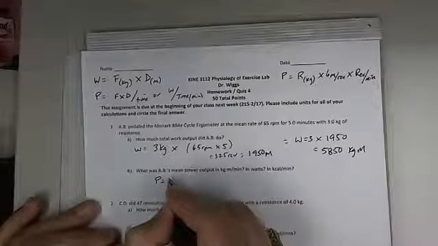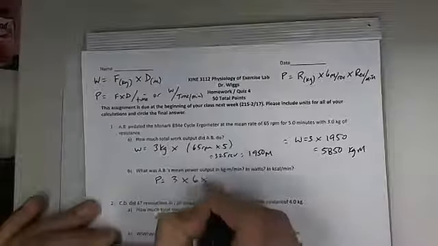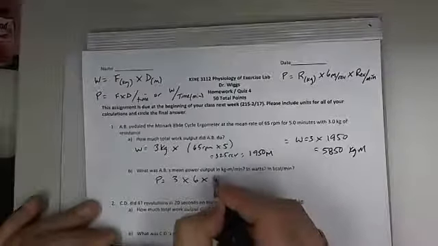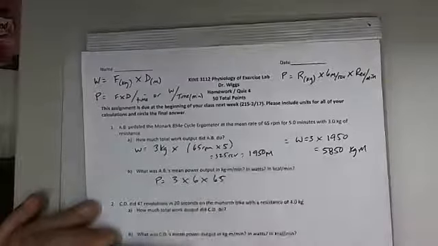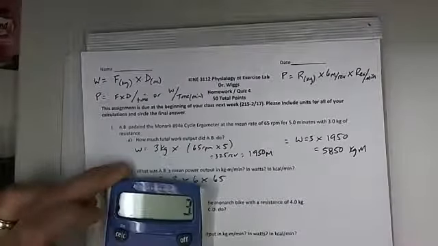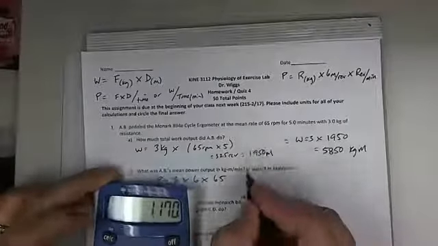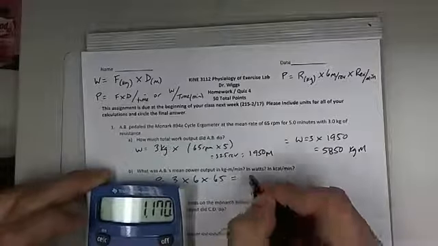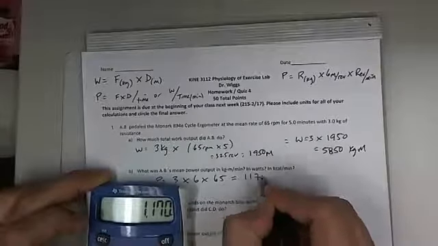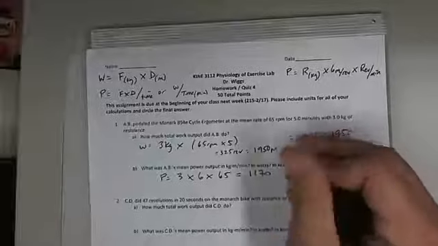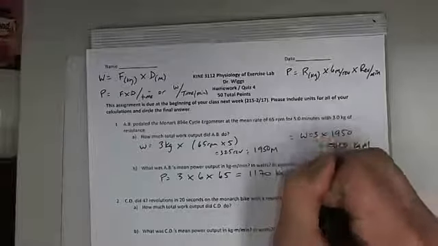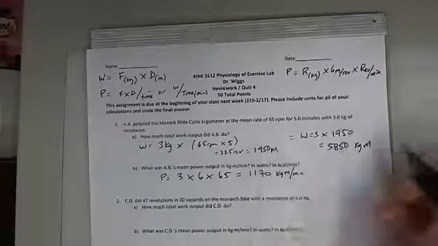So power equals resistance, which is 3, times 6 times RPMs, which is 65. And then this would be our kilogram meters per minute.